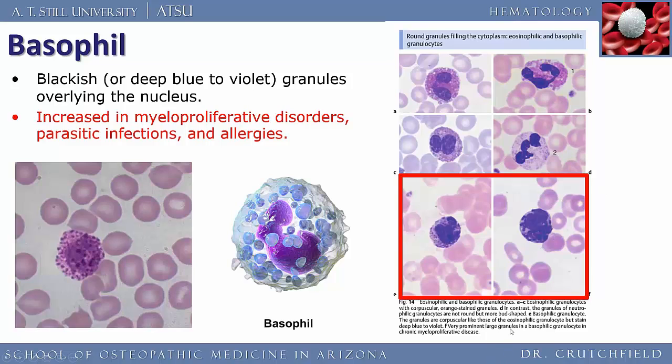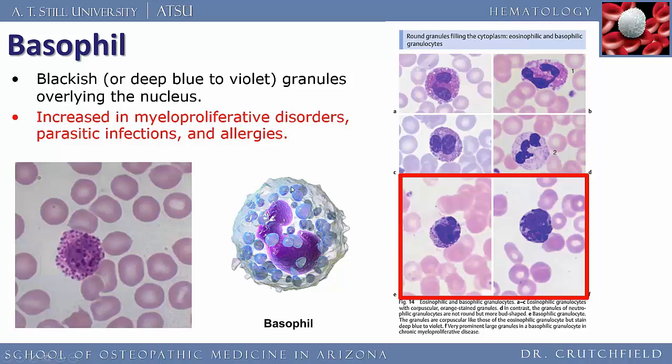In F, we see very prominent large granules, and again, this one's abnormal. The granules are too big, and the nucleus looks kind of funky here. So we will see basophils increased in a myeloproliferative disorder like this guy here, parasitic infections, or allergies.